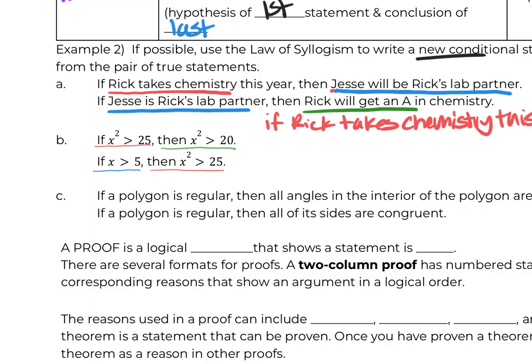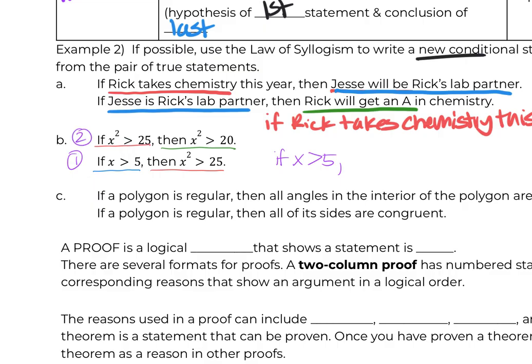All right, so this guy, he's kind of going backwards. You have to watch out for him. So unlike before, where they were already kind of naturally in the correct order, this one's a little messed up. What you have to do is read this guy first. If x is greater than 5, then x squared is greater than 25.